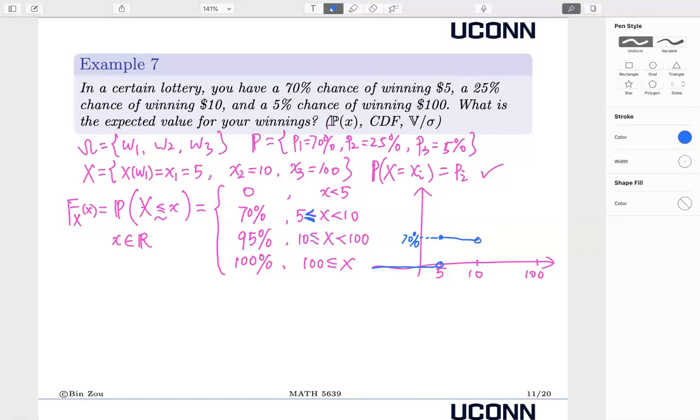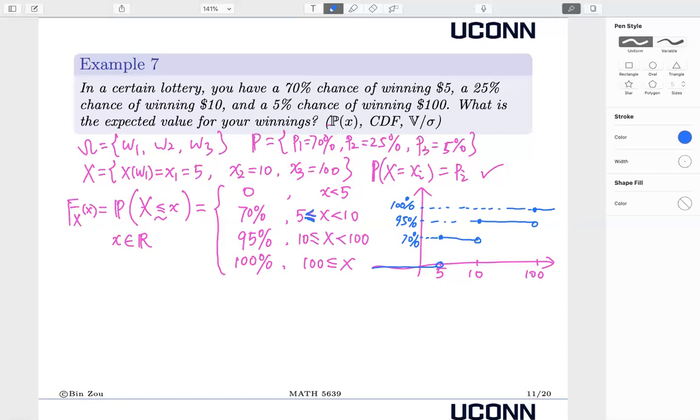At point 10, I jump to the next level, which is 95%. Finally at the value of 100, I jump to 100%, and of course, I will stay at 100% forever. Probability will never be greater than 1, so 100% is the maximum. So this is the graph of it.